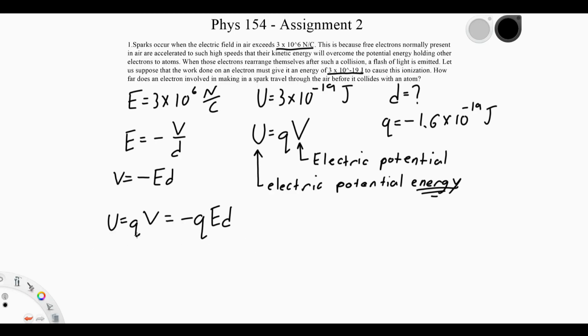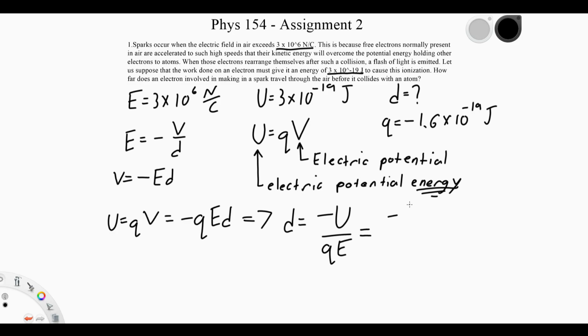Awesome. So we have U, Q, and E. All we have to do now is solve for D. Dividing both sides by negative QE, we're left with the distance this electron moves through is equal to the negative of the electric potential energy divided by the charge of an electron times the electric field.